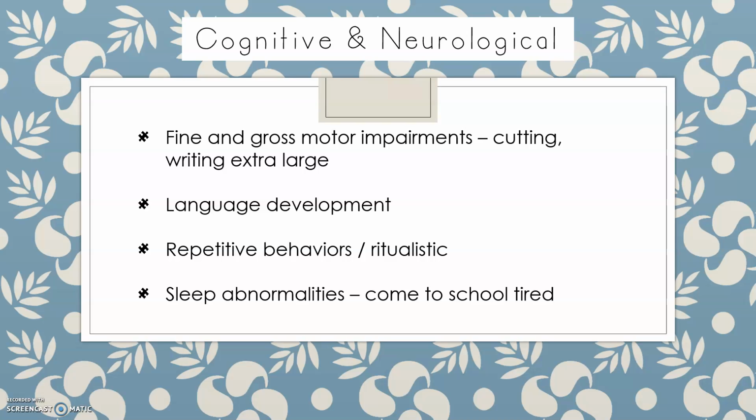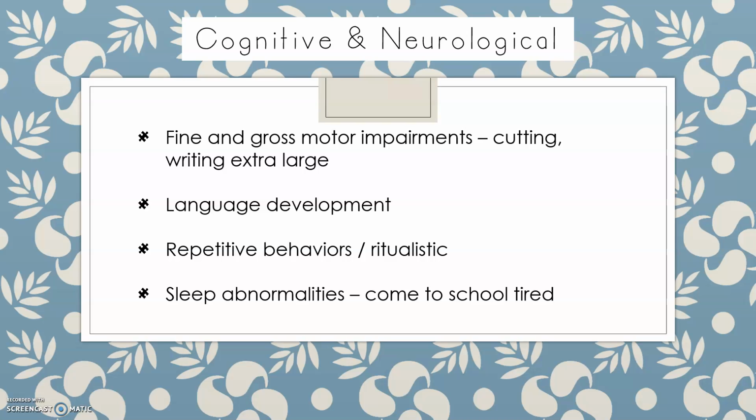Cognitive and neurological characteristics of individuals with ASD would include fine and gross motor impairments, like cutting on a line. Cutting within a 1/4 of an inch of the line is typically what I see on IEPs.